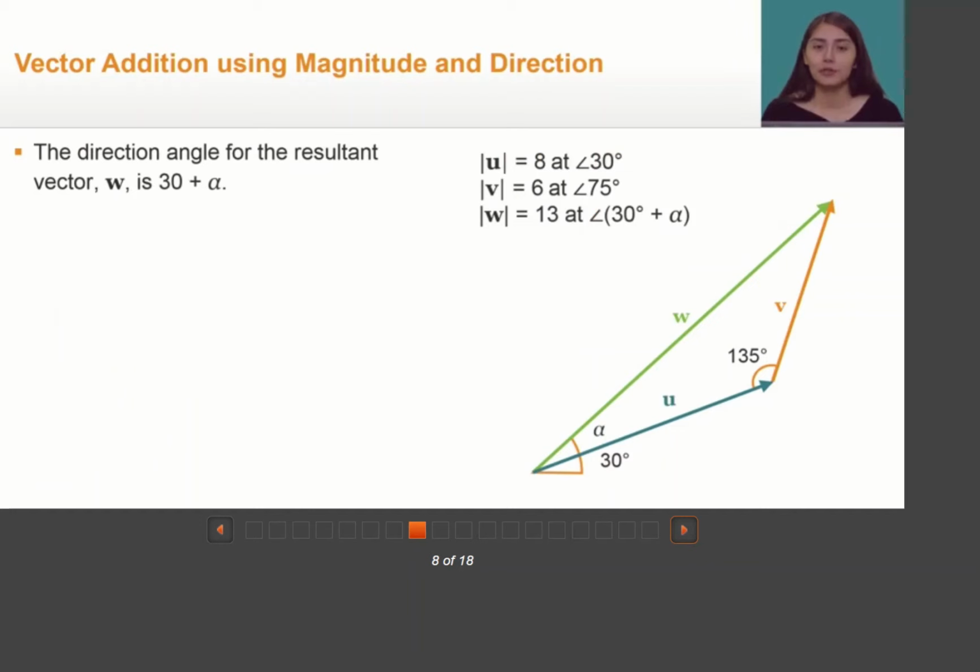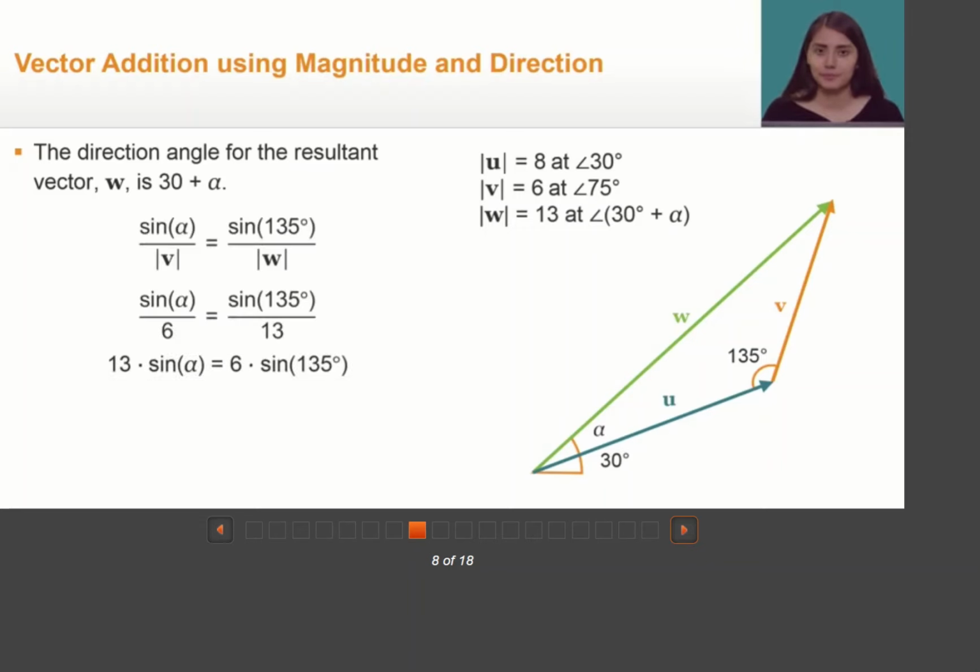The direction angle for the resultant vector, w, is 30 plus alpha. To find alpha, we'll use the law of sines. Cross-multiplying, we get 13 times sine alpha is equal to 6 sine 135 degrees. Then, solving for sine alpha, we get 6 divided by 13 times sine 135 degrees, which we know is the square root of 2 divided by 2.